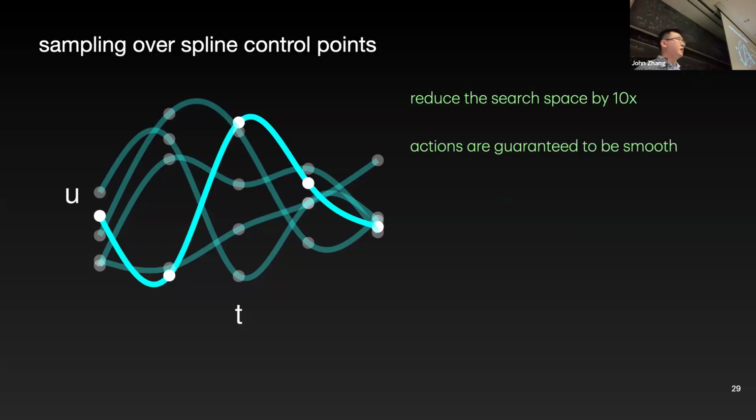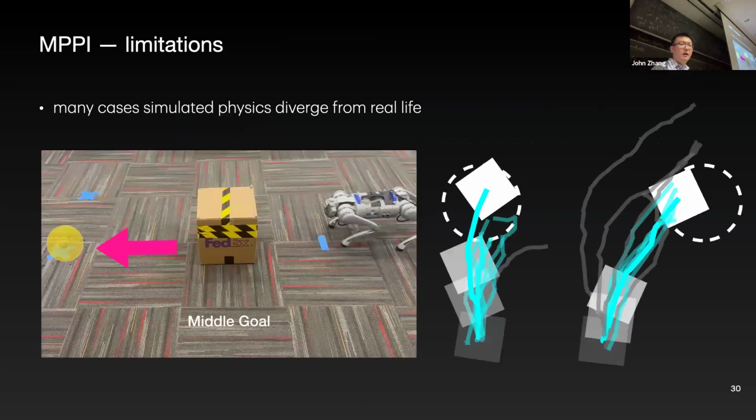The other nice thing is that the actions I get from my MPPI planner are guaranteed to be smooth. Typically, with MPC or reinforcement learning, you have to add some regularization to encourage smooth actions so that the outputs from your optimizer can transfer to your robot. If you're running MPPI with a spline representation of the controls, you get that for free, and it turns out things transfer pretty well.